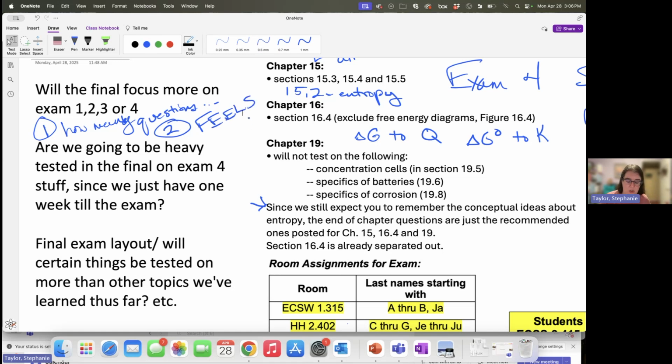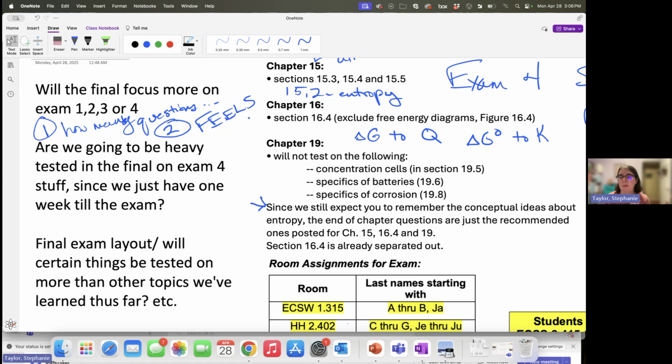This is always my personal conundrum. If we looked at some of the exams you've already taken, and I just asked you at the start, how many of these required calculations and how many were conceptual questions, and you had to guess, usually what you tell me is based on how long it took you, not the number out of the total, but out of the total amount of time, how much time you spent on the conceptual versus the calculation questions.